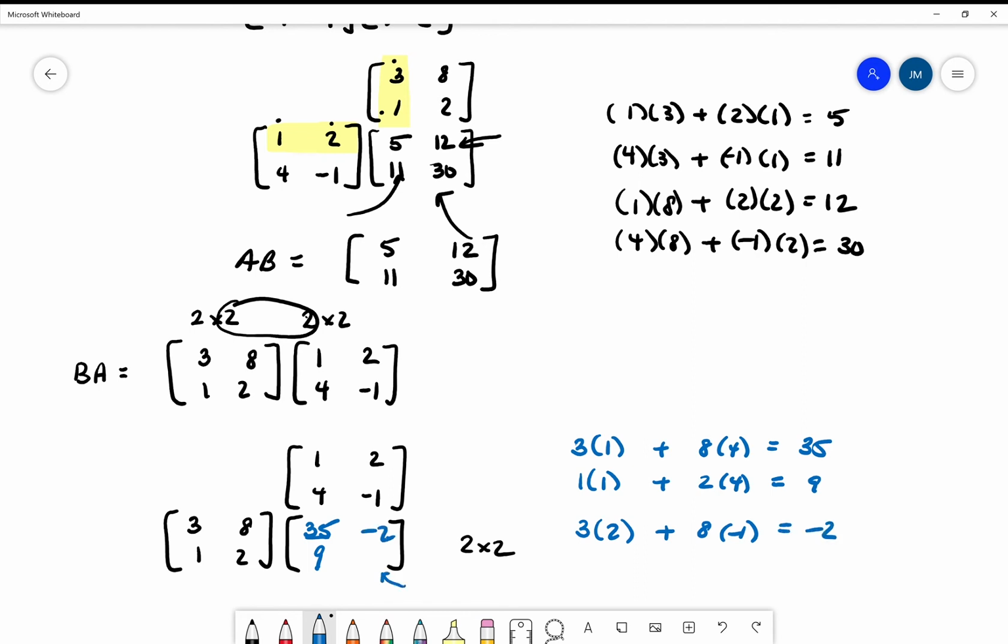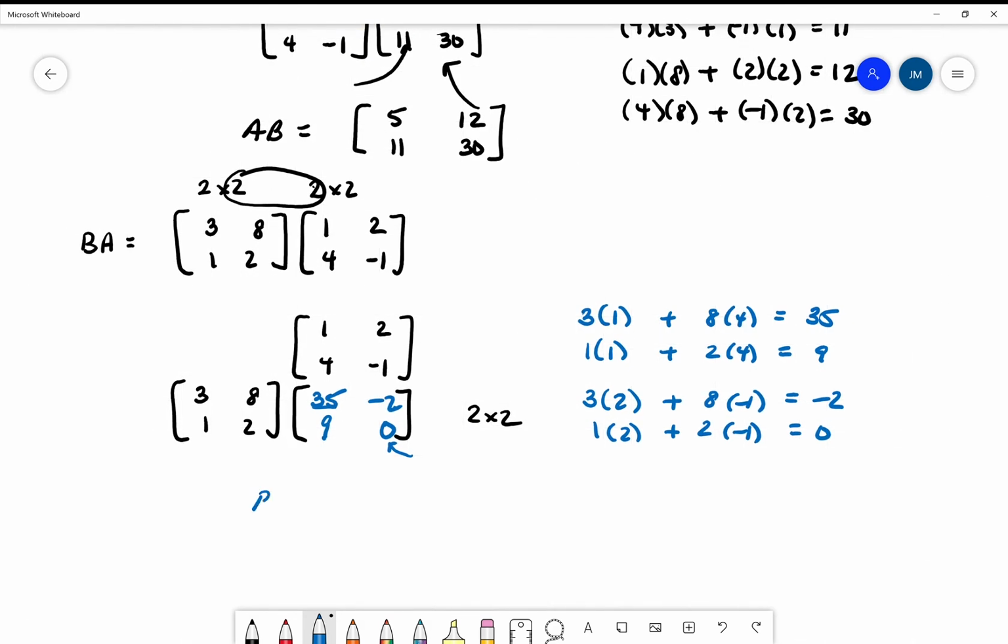And to get this final entry here, I'm multiplying 1 and 2 by 2 and -1. Oh, look at that, we got 0. So that tells me that BA is equal to 35, 9, -2, 0.